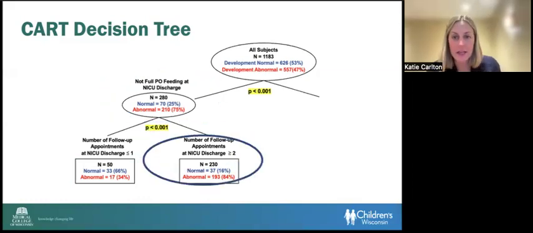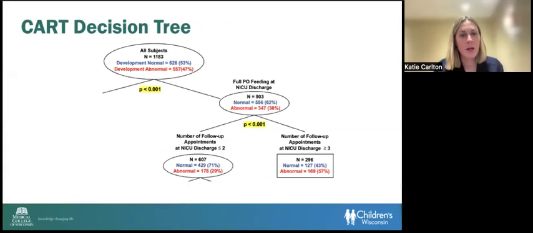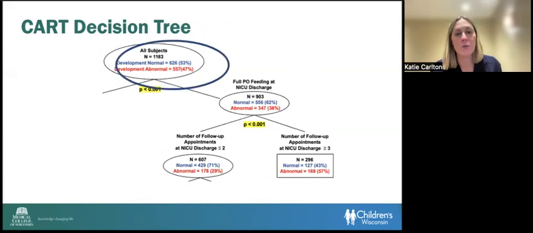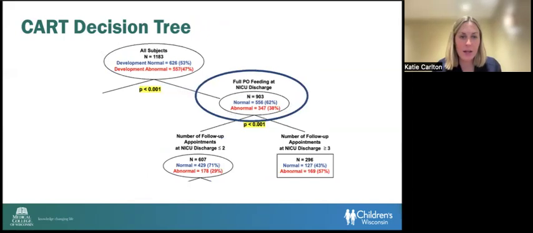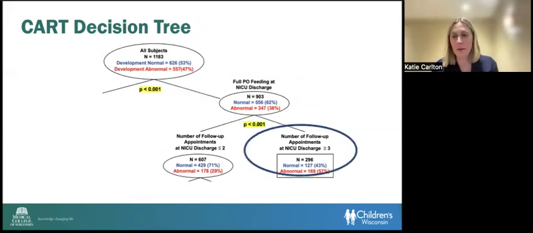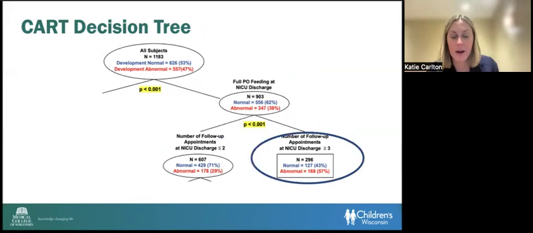You can also see that when we compare to the number of follow-up appointments at NICU discharge, if they went home not fully orally feeding and then they had 2 or more follow-up appointments scheduled at discharge, the abnormality rate increased from that 75% up to an 84%. Now, if we look at the diagram that shows the patient was fully orally feeding at NICU discharge, if they went on to have three or more follow-up appointments, 57% had an abnormal screening rate.